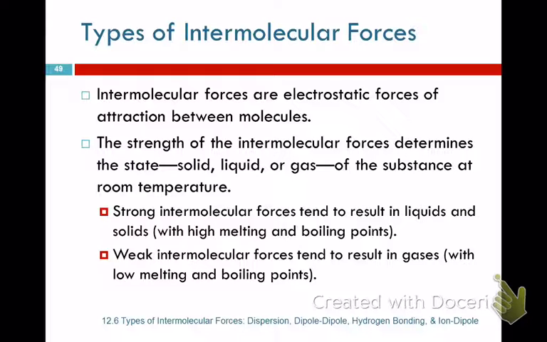That's a lot of different ways we say the same thing. But oppositely charged objects are attracted to each other, okay? And the intermolecular force strength, combined with temperature, determines whether it's going to be a solid, a liquid, or a gas.